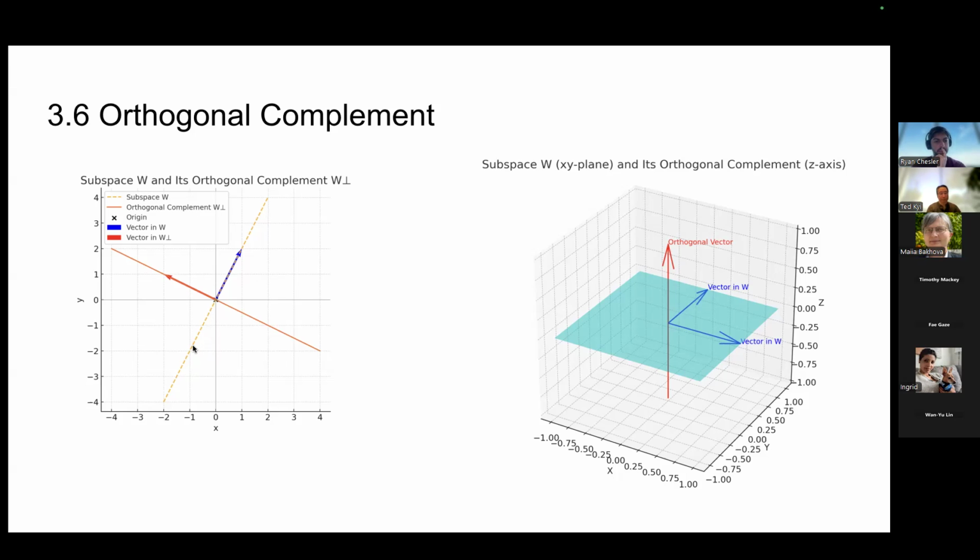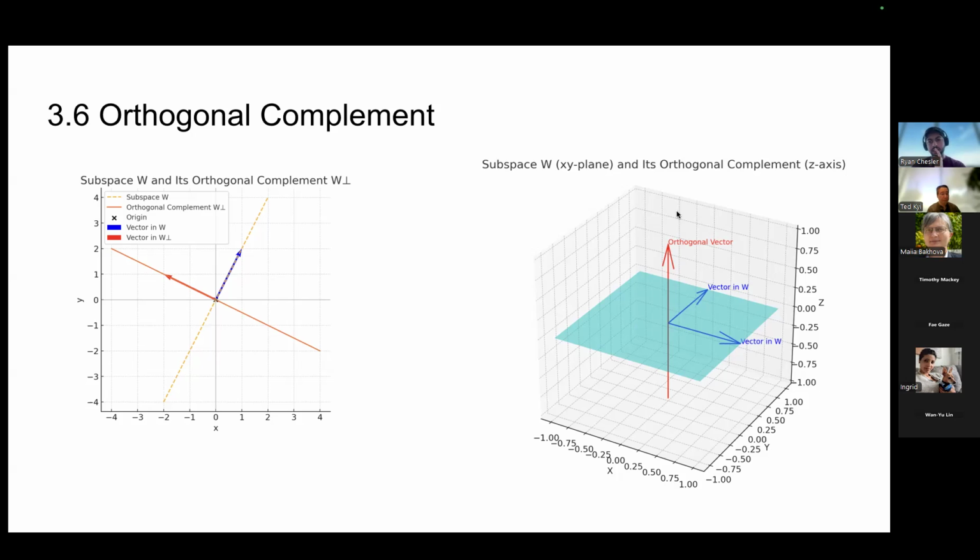Let's call this W. So we have subspace W, and then we have the complement of it, this red line. This is showing that every point on this subspace is orthogonal to this other subspace. So we have W, and then W complement. And we can see that for all of those points, they're orthogonal.